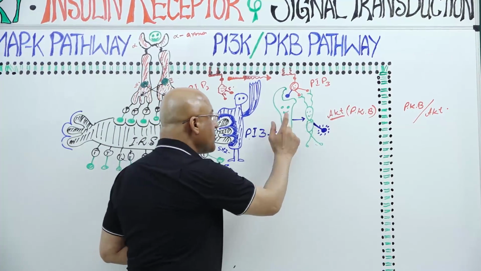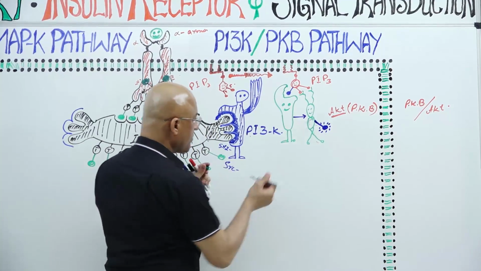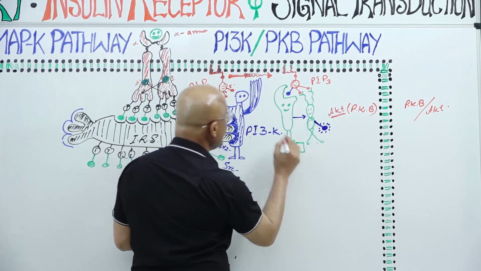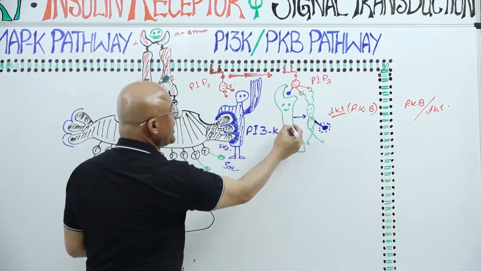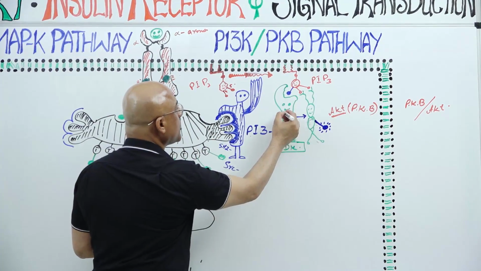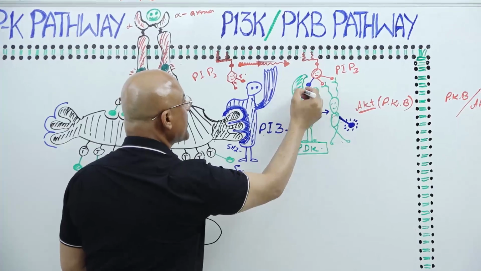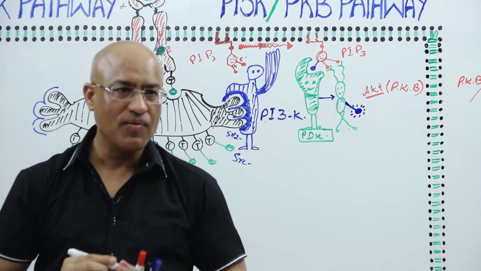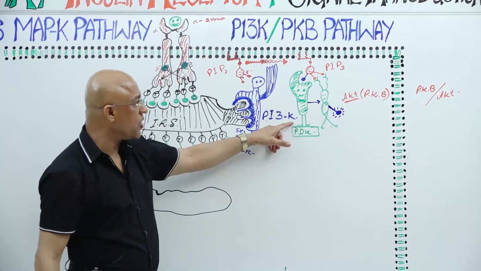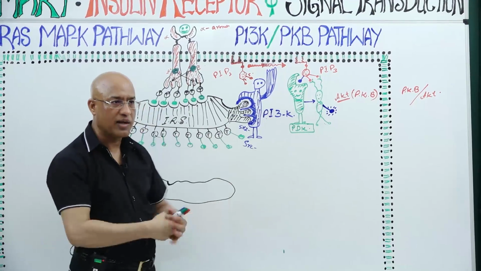Now, what is the name of this kinase? The name of this kinase is PIP3 dependent kinase, because this kinase, this naughty boy, is only activated when the membrane is having PIP3, right? This naughty boy is basically the PDK1 molecule. What is this?